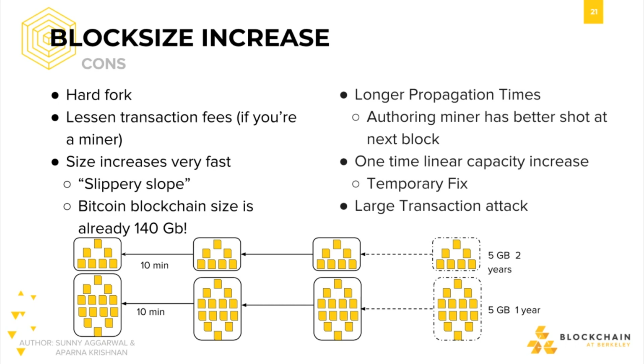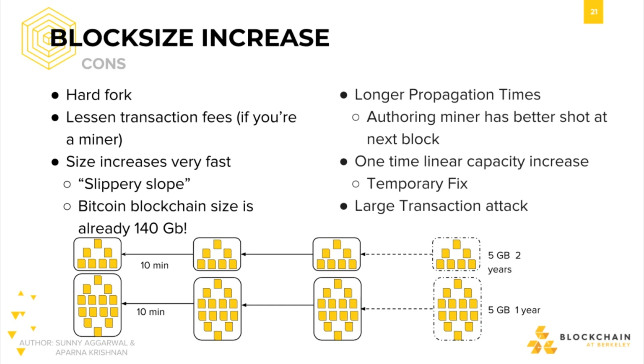Other issues with that is longer propagation times itself causes attacks. So the bigger the block, the longer it takes to propagate, and the longer it takes to verify a transaction. So a few years back, there was a miner who decided to put an almost 1 megabyte size transaction in his block.